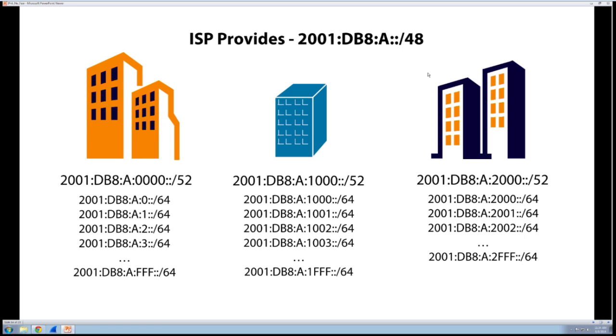And because I have 4 bits that I'm using to identify the facility here, that 4-bit hexadecimal value right here, this one, this one, this one, because I'm using those 4 bits, I could have up to 16 different buildings or areas, and each one of those areas can have 4,000 networks. All right? This is a really beautiful way to organize your network into very specific pieces.